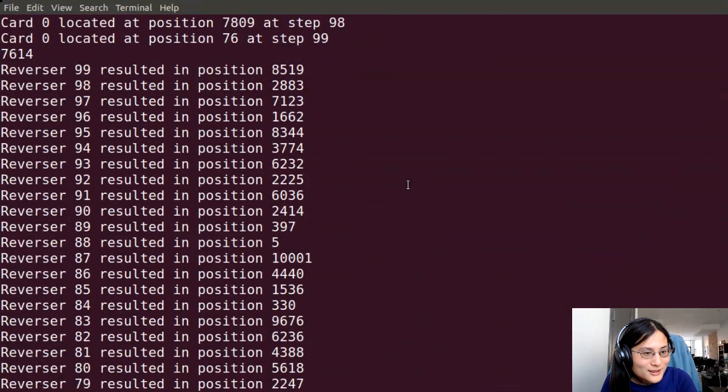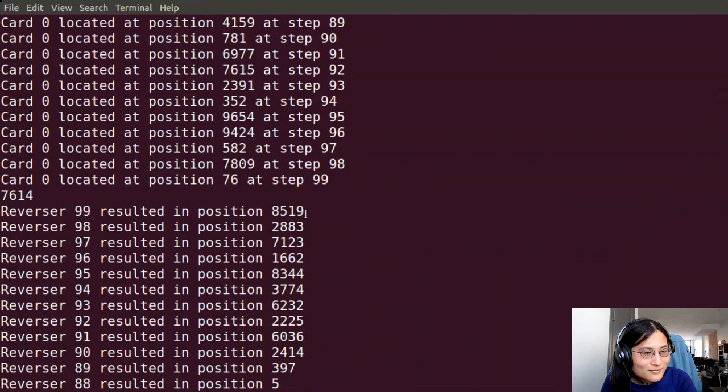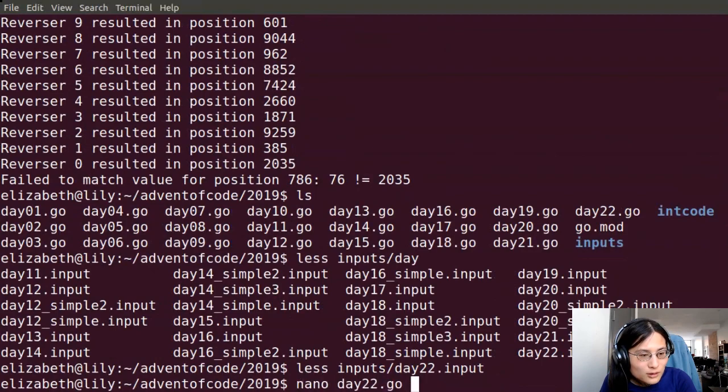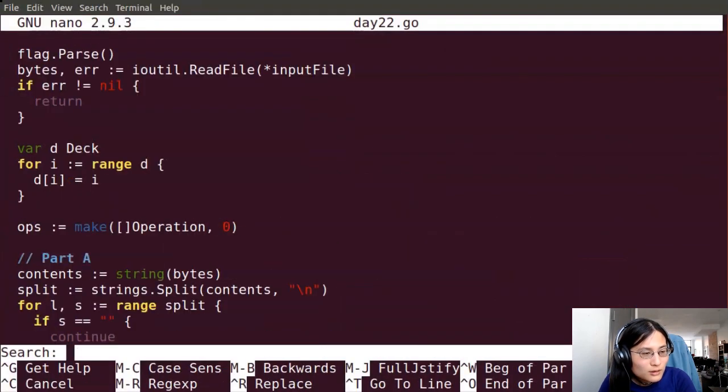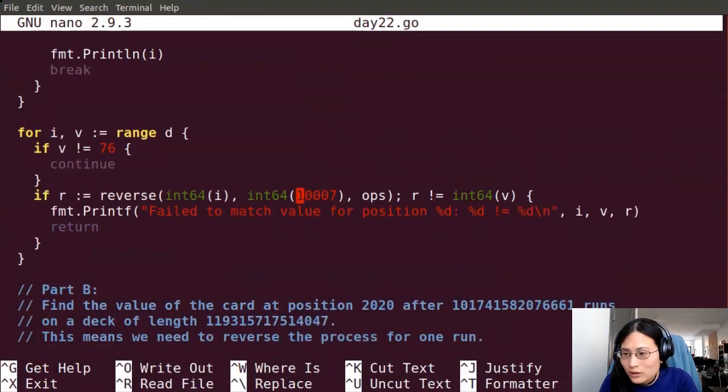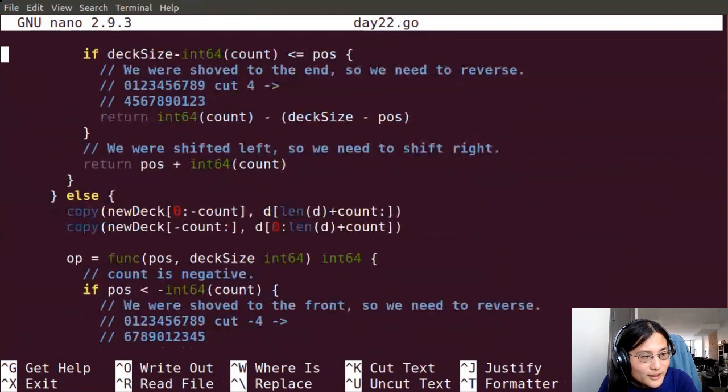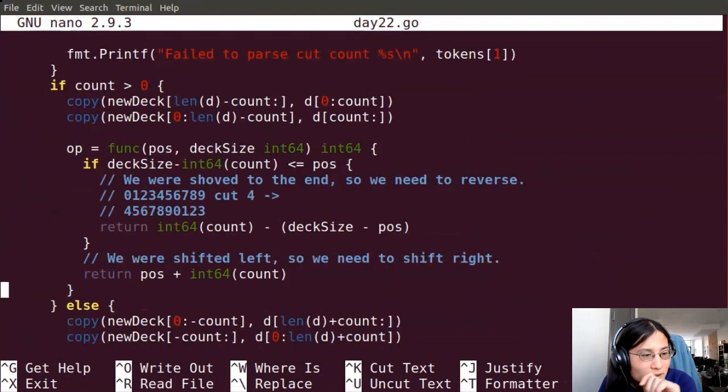Wait, that's suspicious. So what if my cut is wrong?